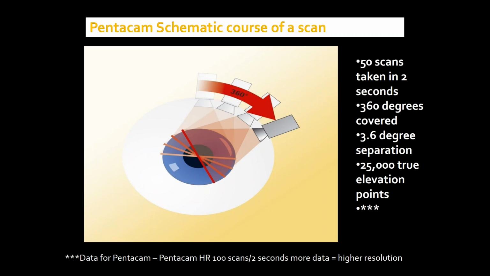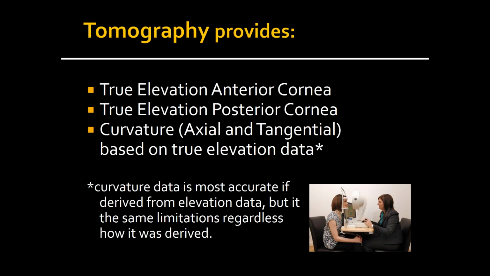The way it does this is by utilizing a slit lamp beam that rotates in a circle around, and depending on which version of the Pentacam, it takes anywhere between 50 and 100 screenshots in about 2 seconds to give the best resolution and detection in 3-dimensional space of the front of the cornea, not the tear film, but the front of the cornea, and the back of the cornea, giving us true elevation data. So it provides us not only the elevation of the front of the cornea, but the elevation of the back of the cornea, and then by calculation it can also give us a true pachymetric map of the entire eye.